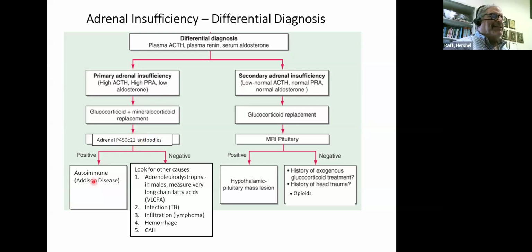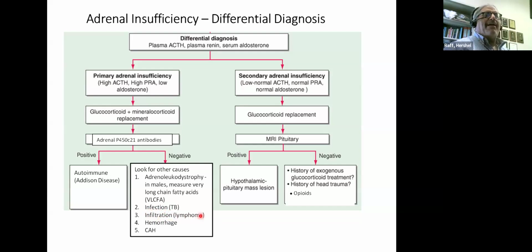But if you're convinced it's not Addison disease and not autoimmune, we look for other causes. Adrenal leukodystrophy in males. So we measure very long chain fatty acids. We say, could the patient have infection? We also look for granulomatous disease sometimes, but typically we look for infiltration.